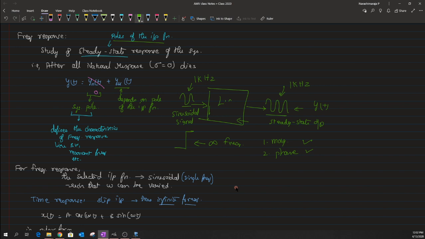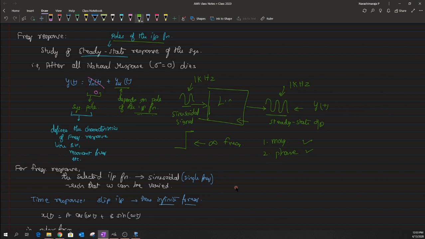As stated here, the frequency response in general is the study of the steady state response, and y suffix ss of t, the steady state response, depends only on the input pole of the sinusoidal signal. It never depends on the system pole.